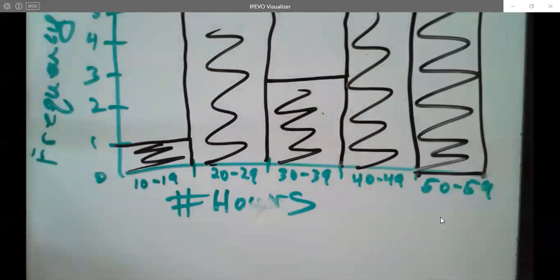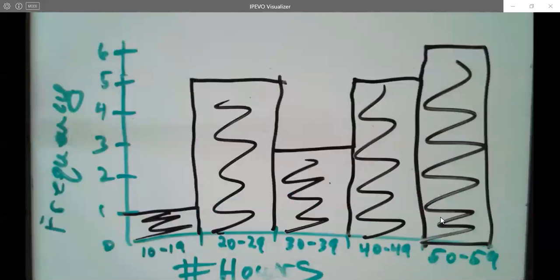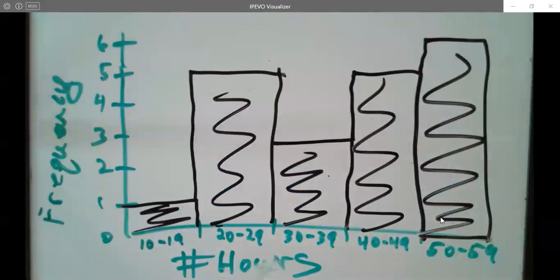So you can see with a picture, at a glance, what group of students studied the most hours. Well, 50 to 59, right? Which one studied the least? 10 to 19 hours.